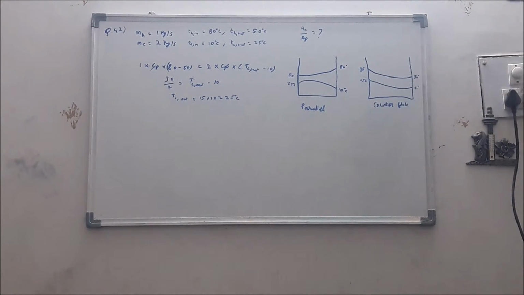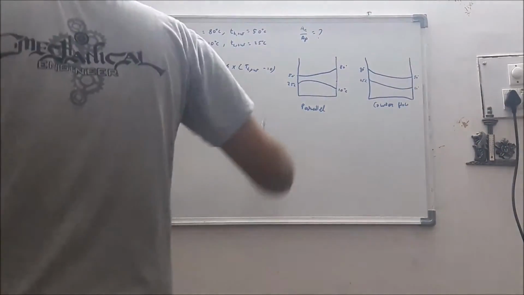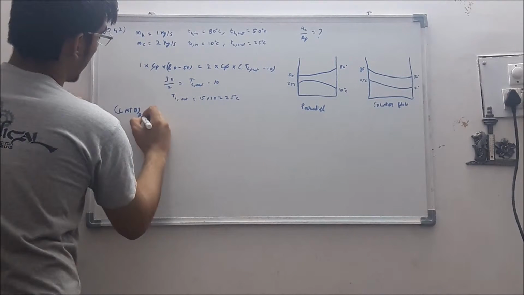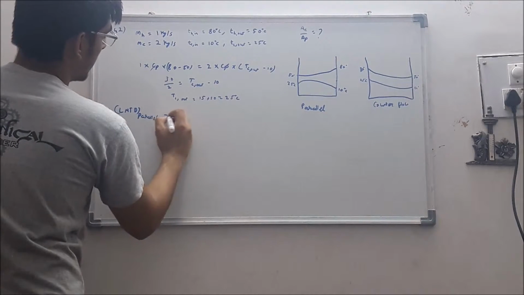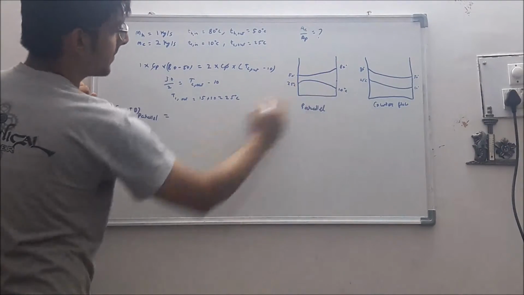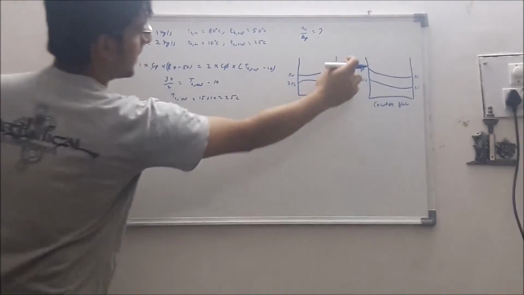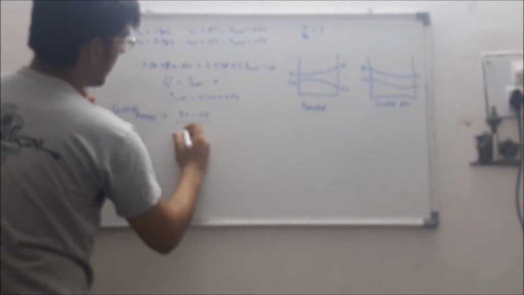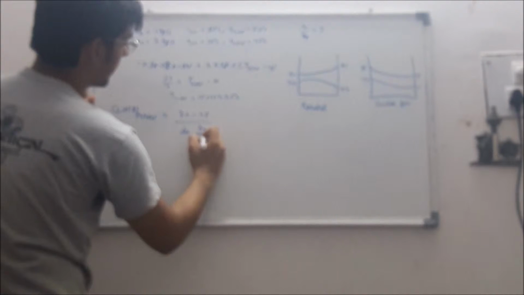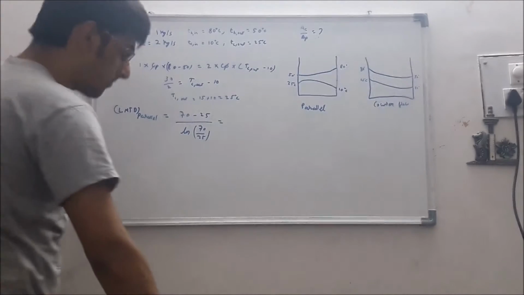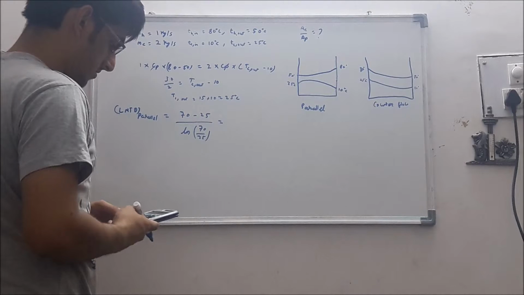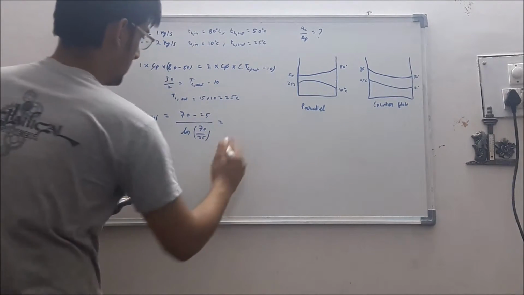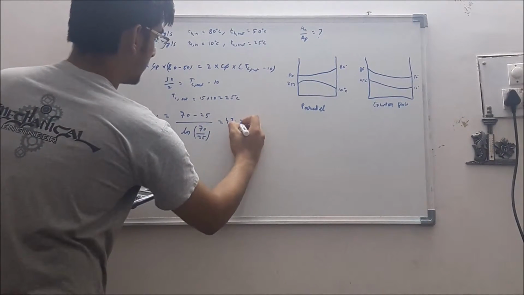Now we will find the LMTD for both of them. LMTD for parallel will be equal to (80 minus 10) minus (50 minus 25), that is 70 minus 25, upon ln(70 by 25), that will be equal to 43.705.